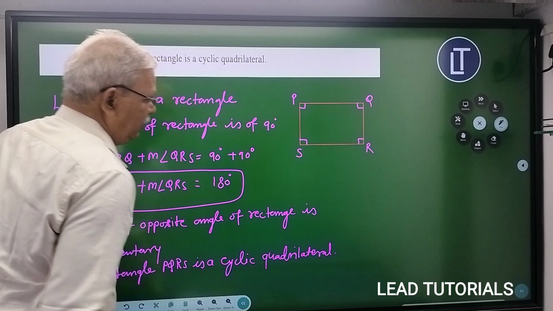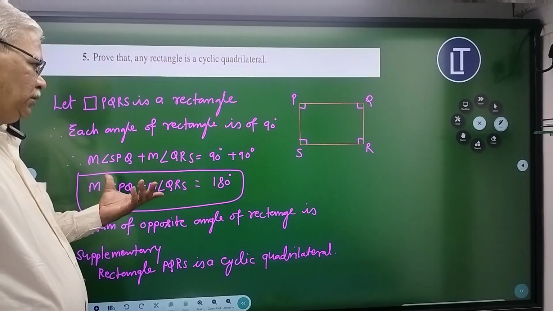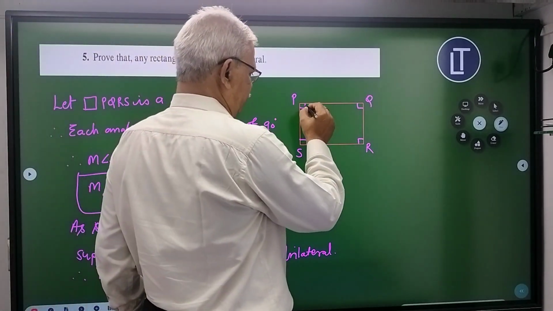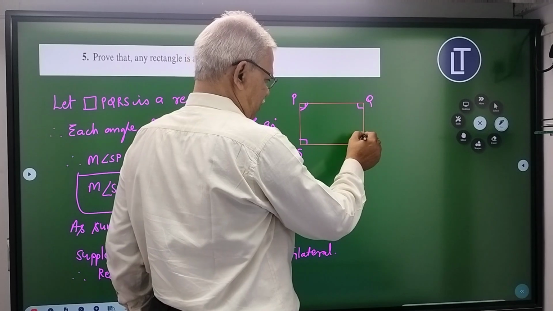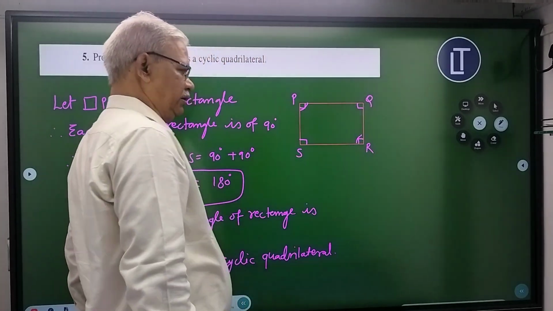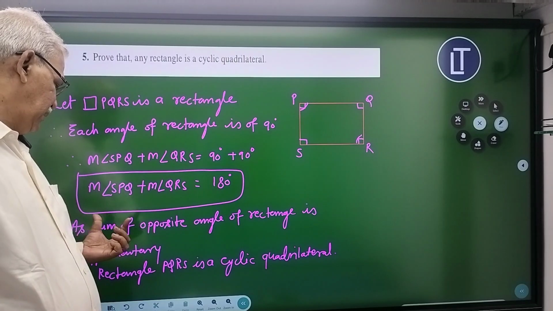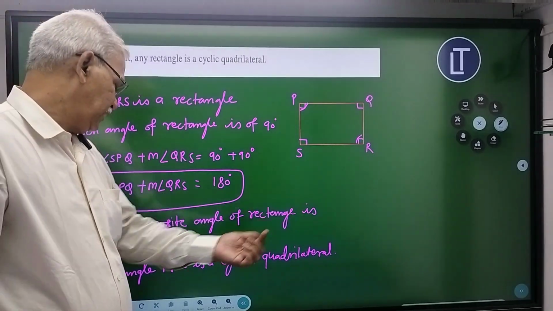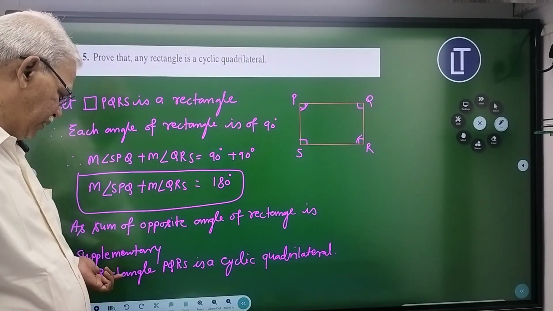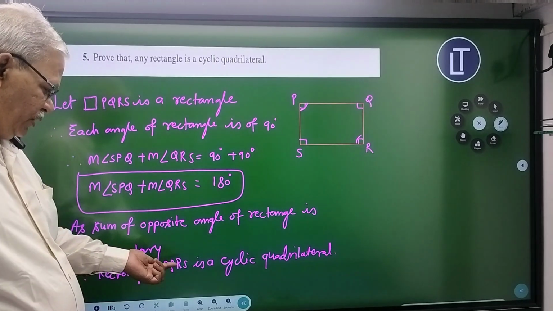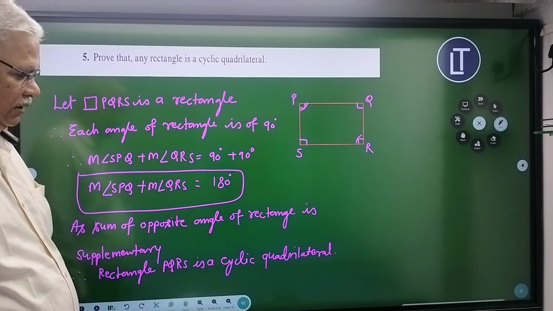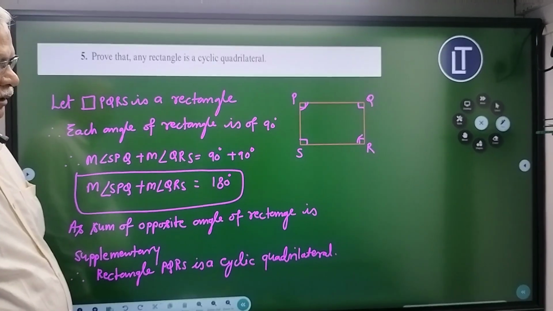Okay? Because we showed that the sum of these two angles is equal to 180, that is, as the sum of opposite angles of a rectangle is supplementary, rectangle PQRS is a cyclic quadrilateral. Okay?